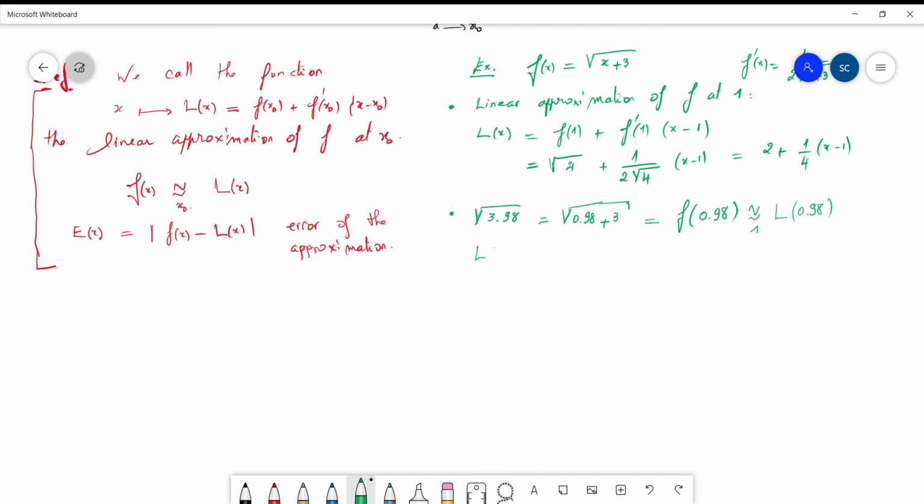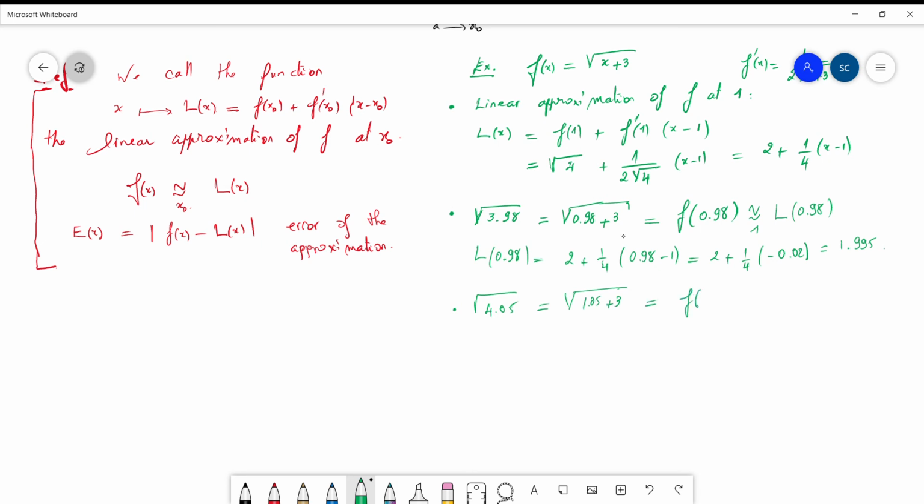Now, if you compute L at 0.98, it gives you 2 plus 1 over 4 times (0.98 minus 1), which is 2 plus 1 over 4 times minus 0.02. If you compute the value, you will get 1.995. Similarly, if you are asked to compute an approximate value of the square root of 4.05, you can write it as 1.05 plus 3.